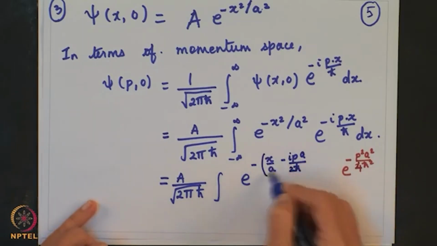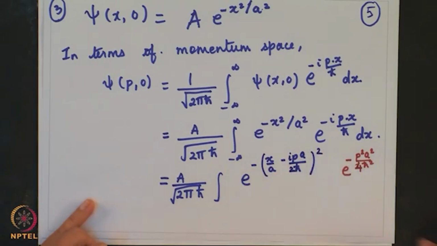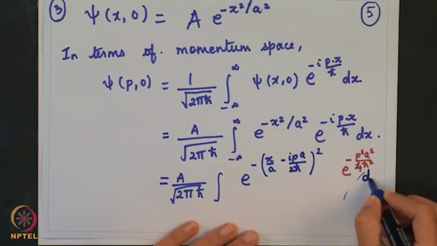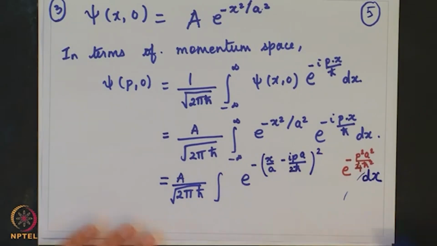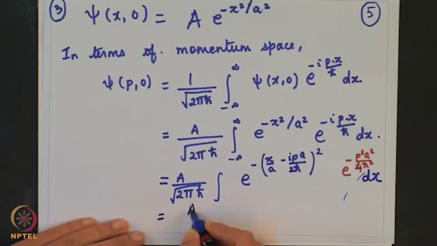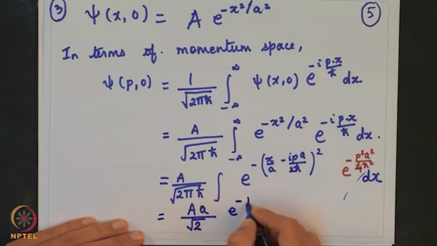This is what I have. Okay. And then I have a dx. Okay. So, now we have to integrate this and you obtain a final result as a, this factor of a comes from the integrand, and a factor of 2 and square root of 2 pi h, and the other term would get cancelled.